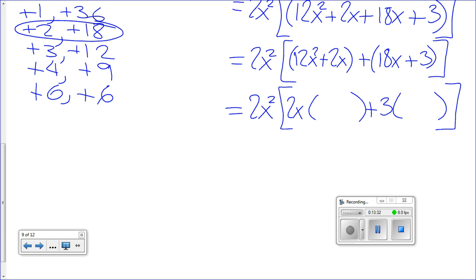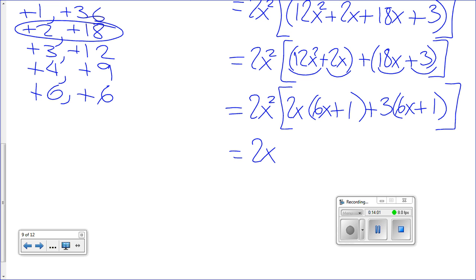Actually, I already took the GCF out for you. You just need to complete it. So remember, it's like you're dividing. Factor 2x from here, I will get 6x. From here, I will get plus 1. Then factor out 3 from here, I will get 6x. From here, I will get plus 1.